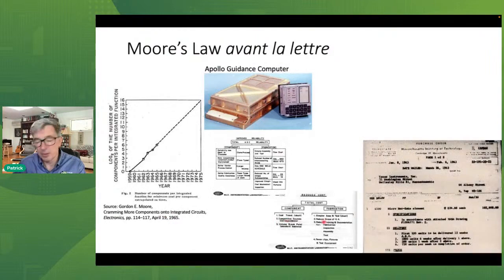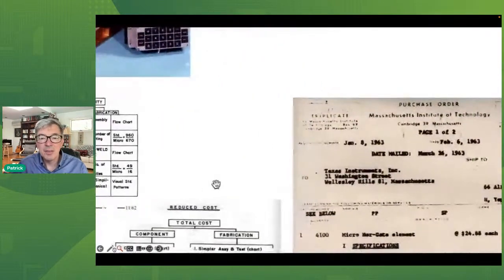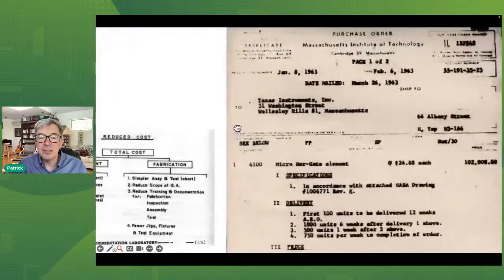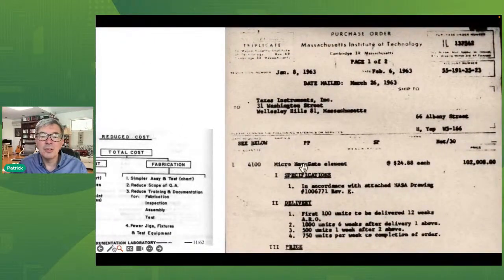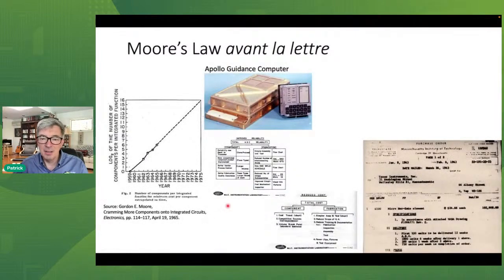But if you look a little bit earlier, there is already here in 1963 a NOR gate, a 2-input NOR gate, costing $25 per piece. So this is actually a purchase order from Texas Instruments for the Apollo project. And already then they figured out that, hey, integrating makes sense.